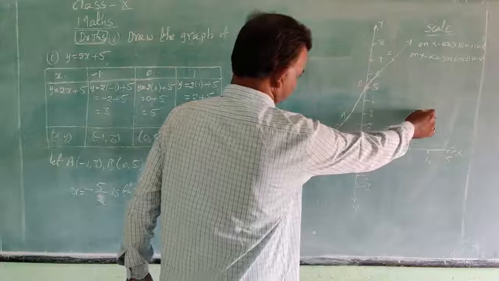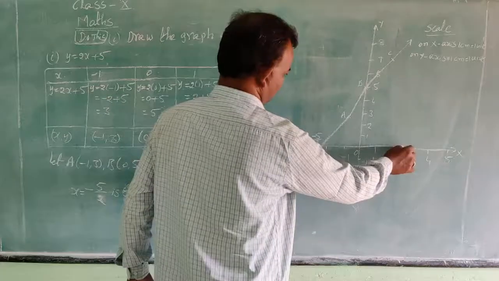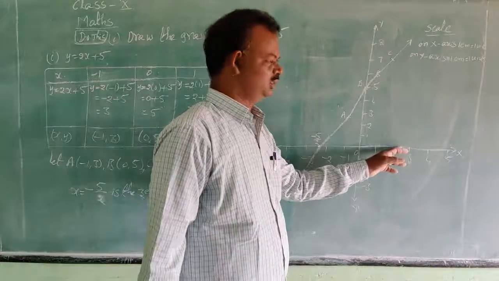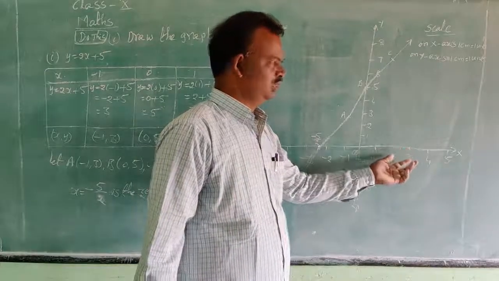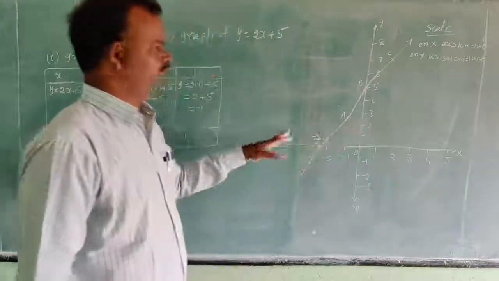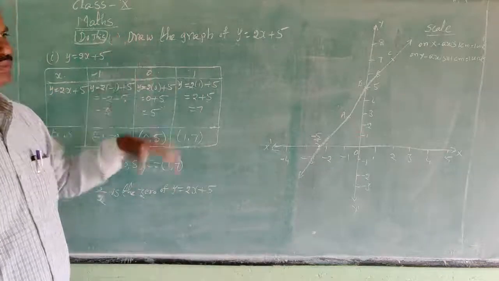So the graph goes in this direction. It touches the x-axis at 5 by 2, which lies between 2 and 3. So 5 by 2 is the zero of the polynomial y is equal to 2x minus 5.